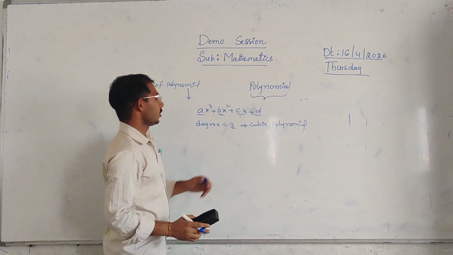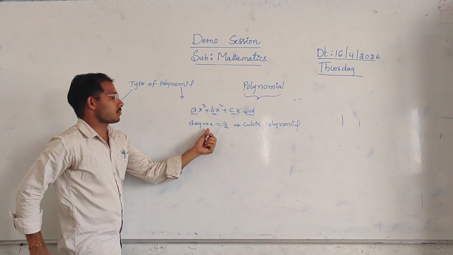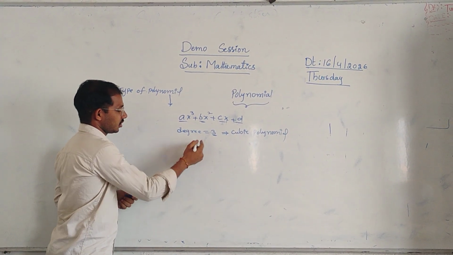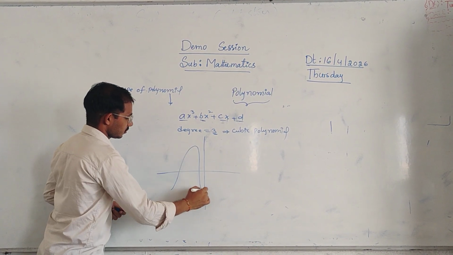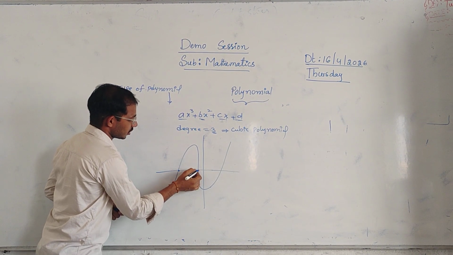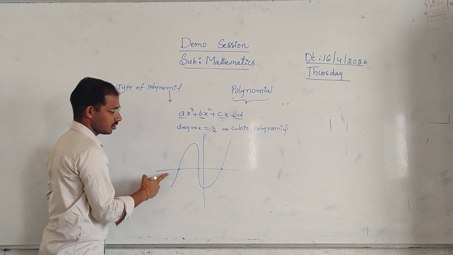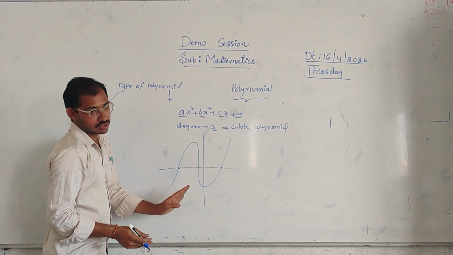We will get a maximum of 3 solutions when we draw the graph. It will touch the x-axis at 3 points, so we get maximum 3 solutions.